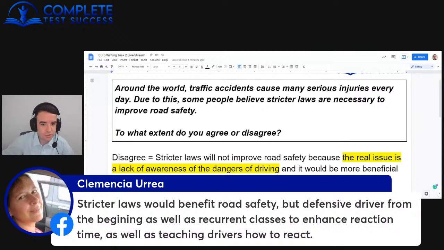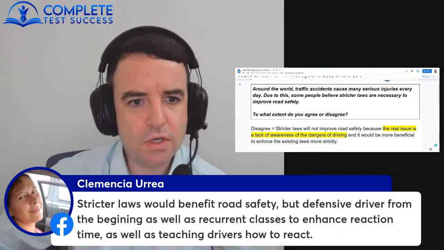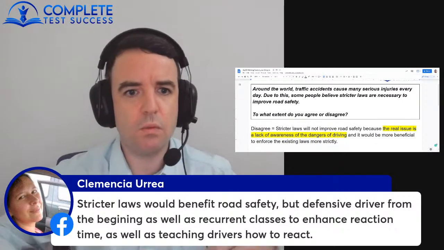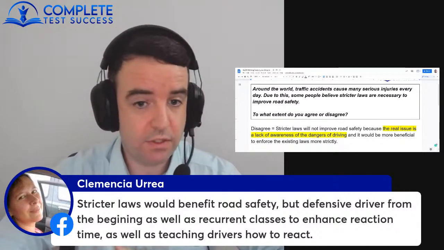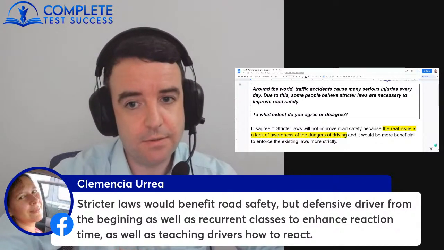Clemencia: Stricter laws would benefit road safety, but defensive driver training from the beginning, as well as recurrent classes to enhance reaction time, as well as teaching drivers how to react. No, you can't talk about the topic in general. So it's not like, what are your suggestions on improving road safety? That's not what you've been asked.